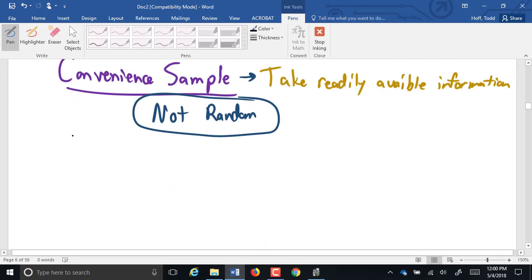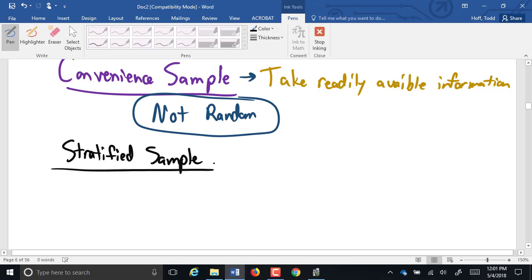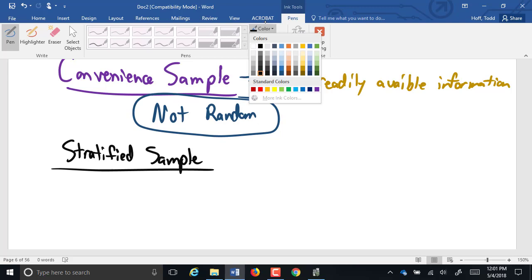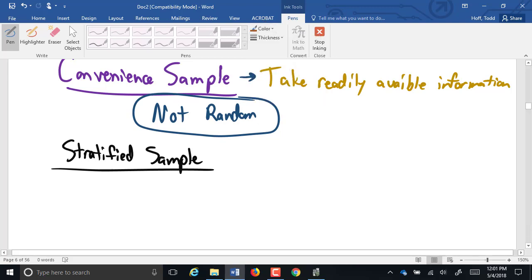Next, I want to talk about something called a stratified sample. In a stratified sample, let's go back to that school board election idea again.